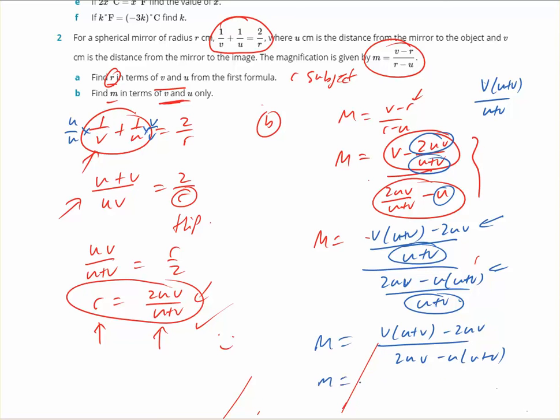I'm going to expand and simplify. So VU plus V squared minus 2UV, on 2UV minus U squared minus UV.